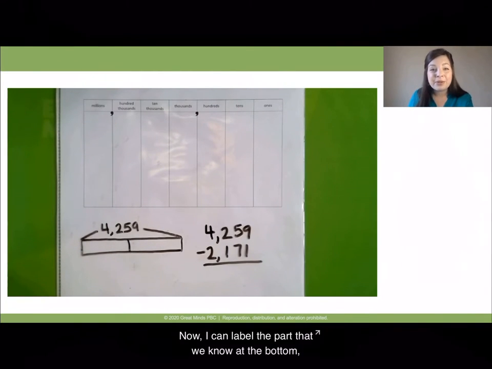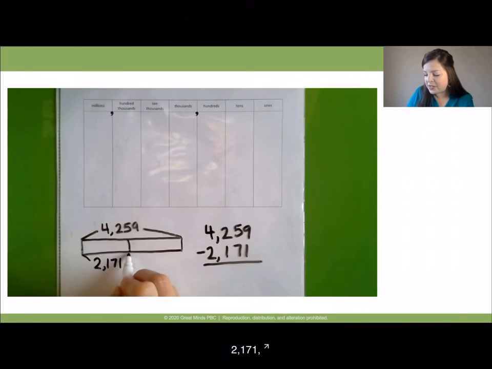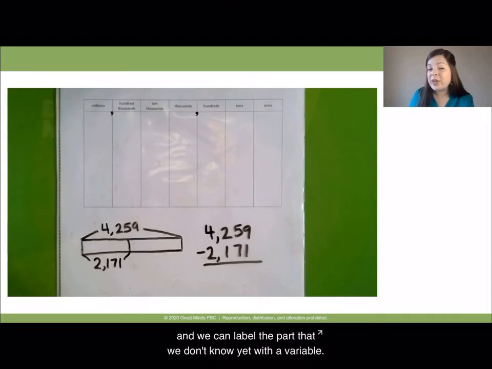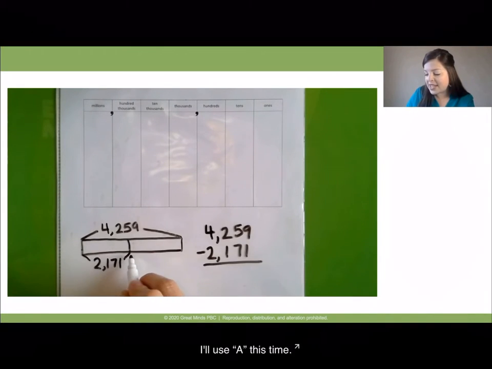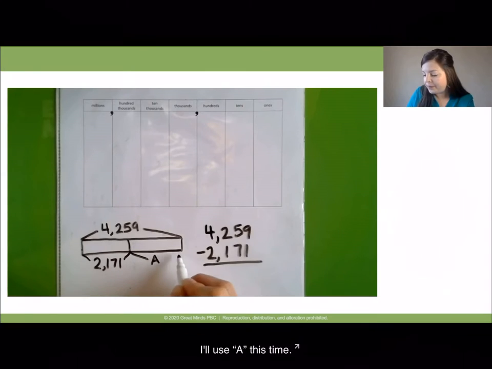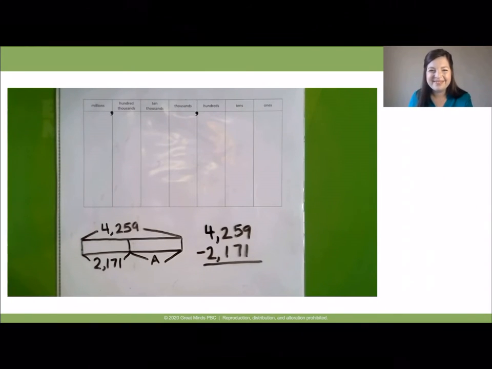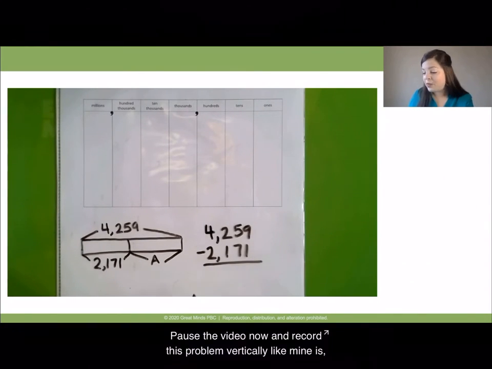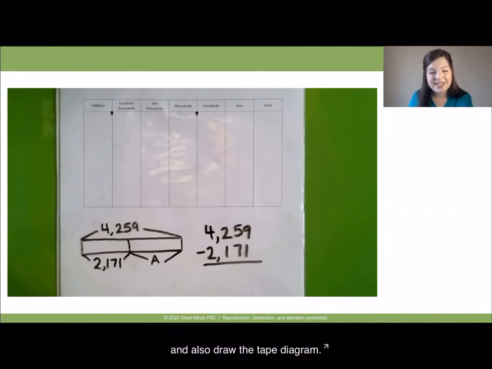Now I can label the part that we know at the bottom, 2,171. And we can label the part that we don't know yet with a variable. I'll use A this time. Pause the video now and record this problem vertically, like mine is, and also draw the tape diagram.